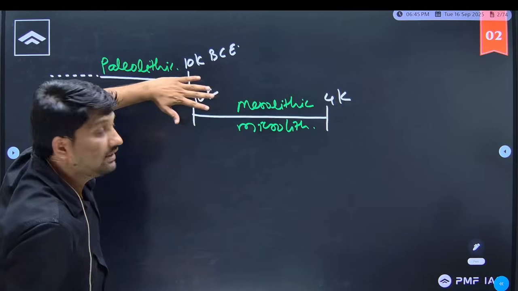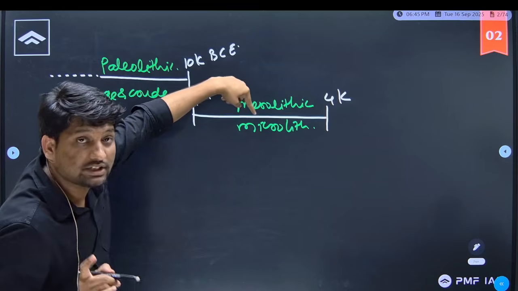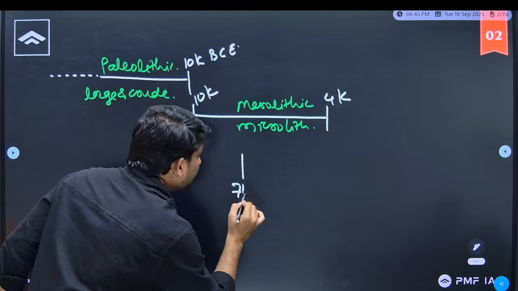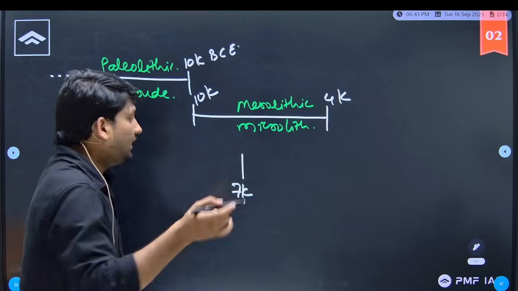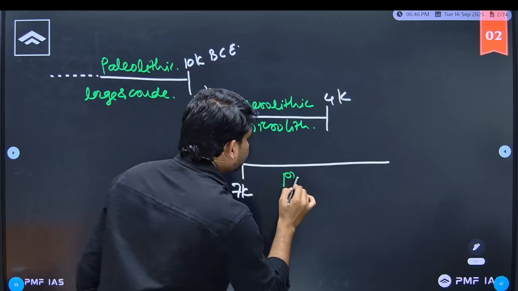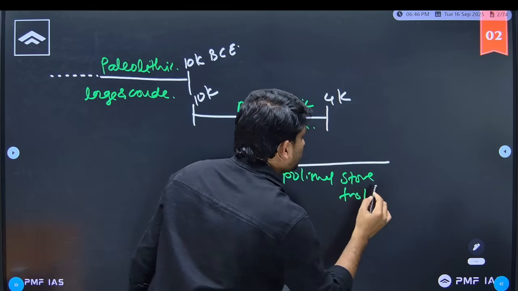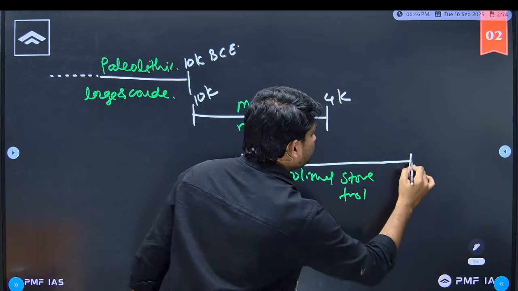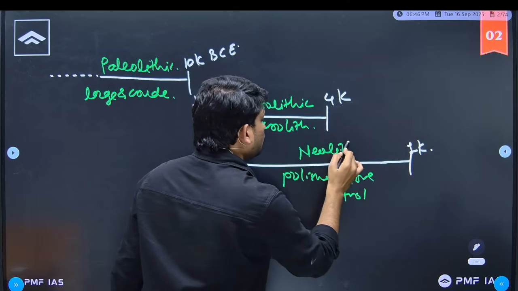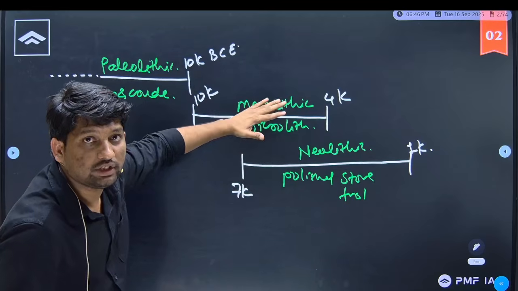Remember, when in a certain region people were using microliths, small size stone tools, during the same time, approximately around 7,000 BCE, in another region people started using polished stone tools. This period is considered the Neolithic phase. We have already discussed why there was an overlap of Mesolithic and Neolithic.